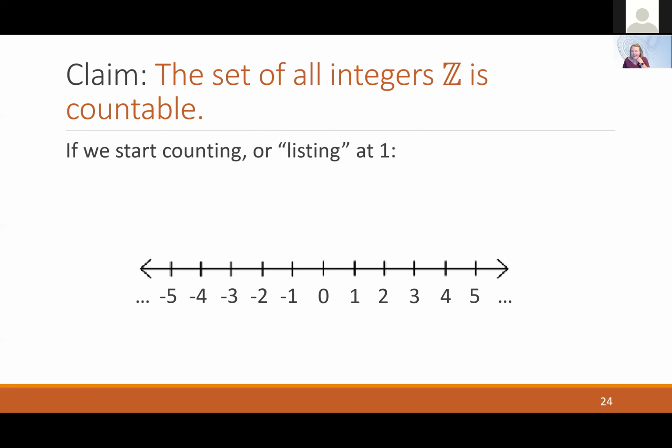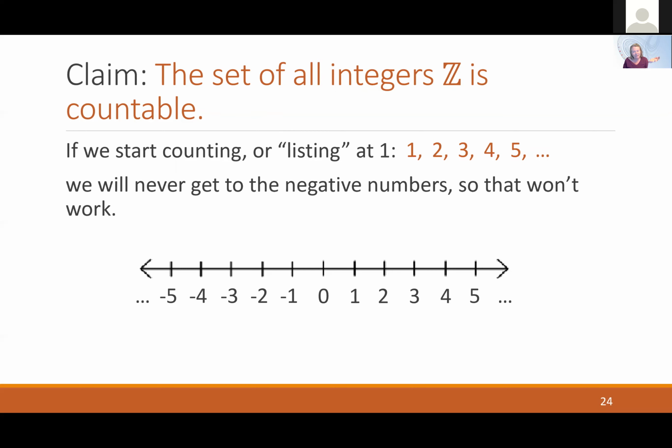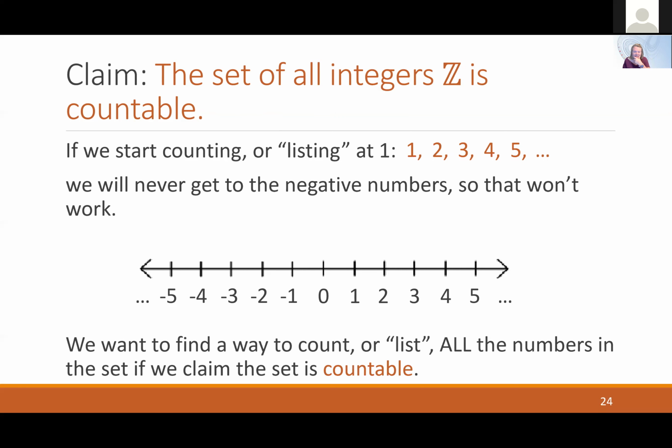So if we start counting or listing, if we think of it as listing, we could start at 1. We would have 1, 2, 3, 4, 5, and so forth. But as I said, we'll never get to the negative numbers, so that won't work. But we want a way to count or list all of the numbers in the set.